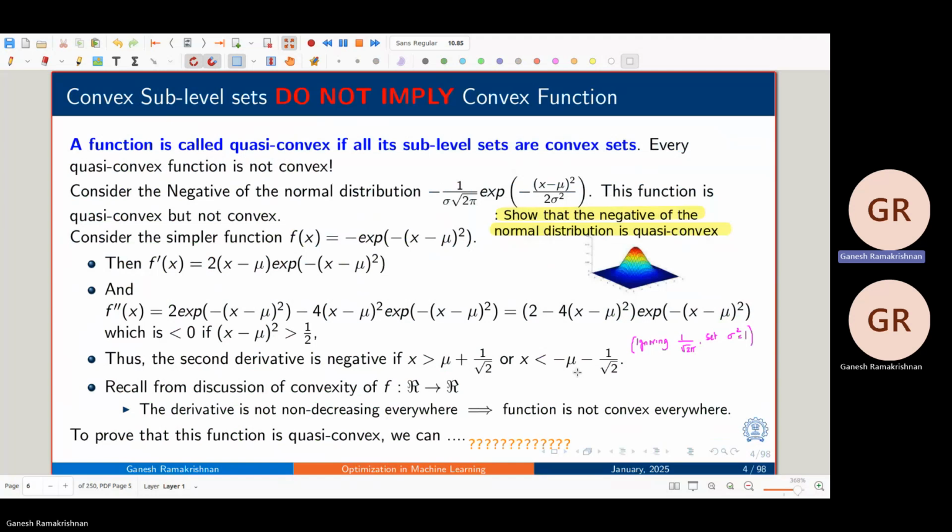So for this value, (x minus mu) square greater than half, you'll find that suddenly the curvature has changed. From being convex, it has started becoming concave.